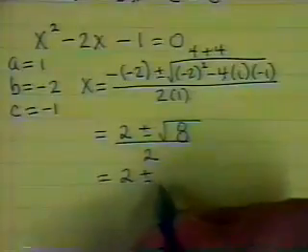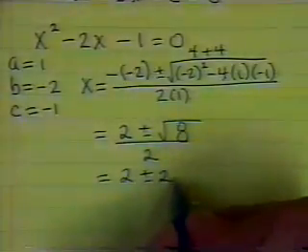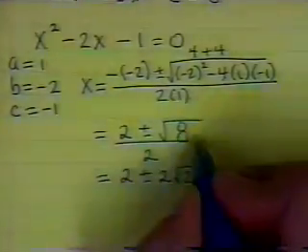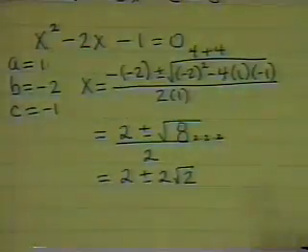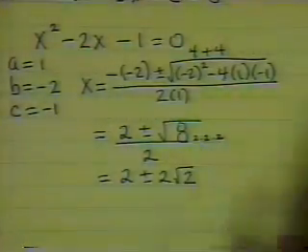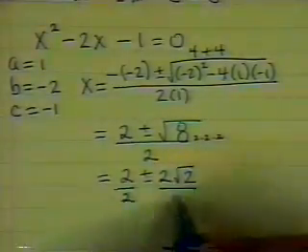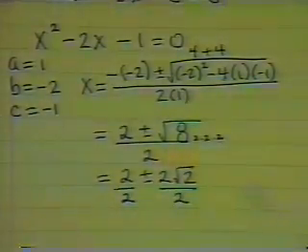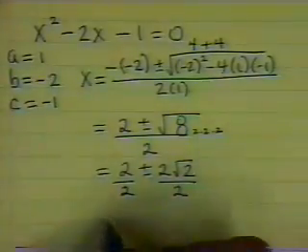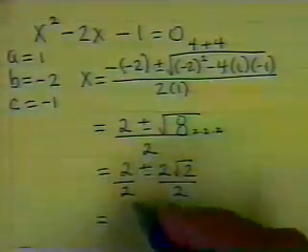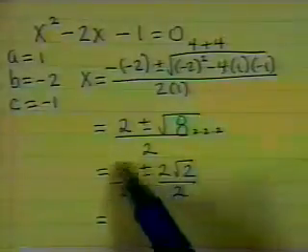It's 2 plus or minus the square root of 8, which cleans up to be 2 square roots of 2. Don't forget, that comes from the fact that you write down the prime factorization and then proceed to take the square root. Now, it's easiest, I think, if you go ahead and write the denominator underneath each term. That way you can reduce each term in the numerator individually.